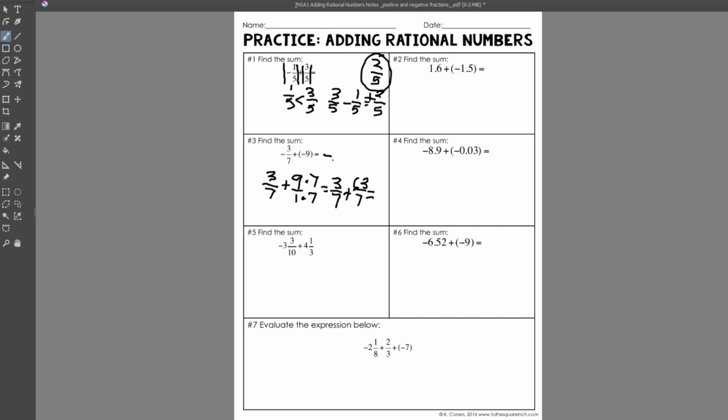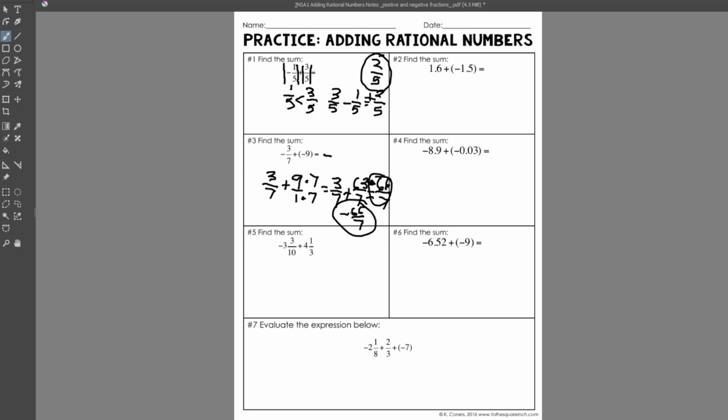Now I can add them like I did up here, and I'm going to have 66 over 7. Remember, the same denominator. Now, what sign is this answer going to have? Well, since they were both negative to begin with, my answer will be negative. Let me rewrite that: negative 66 over 7 right here.